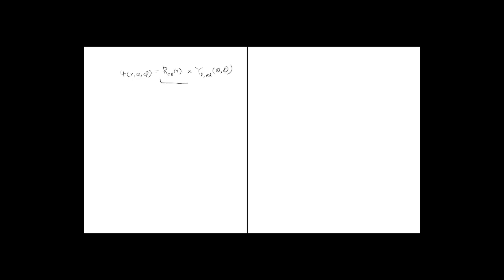Here, R_nl(r) is the radial wave function, and Y_lm(theta, phi) is the angular wave function, where R_nl(r) is proportional to (2Zr divided by n a0) whole raised to L into e raised to minus Zr divided by n a0 into L_(n+L)^(2L+1), which is the Laguerre polynomial.